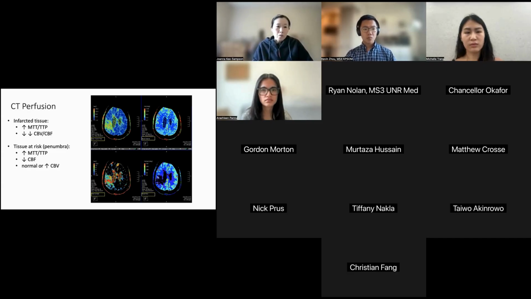Looking at those parameters, both tissue at risk and infarcted tissue will have increased mean transit time and time to peak, because it takes the blood longer to get there because of the clot. However, if you look at cerebral blood volume, in tissue at risk it will actually be normal or slightly elevated.